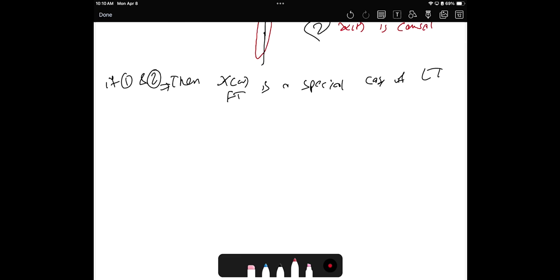Now there is something called the convergence region of Laplace transform.